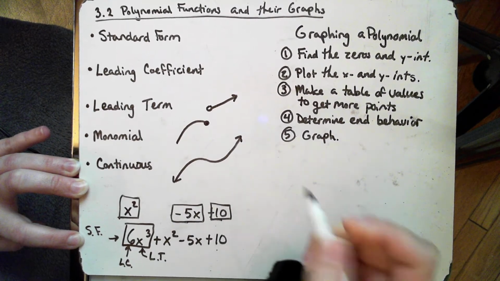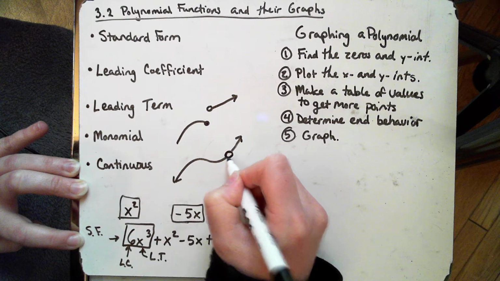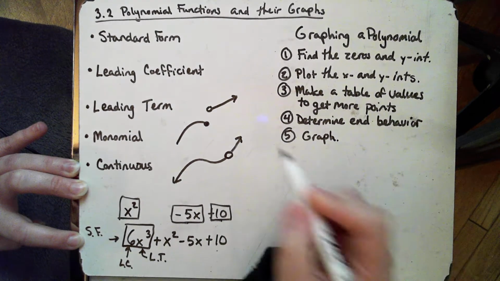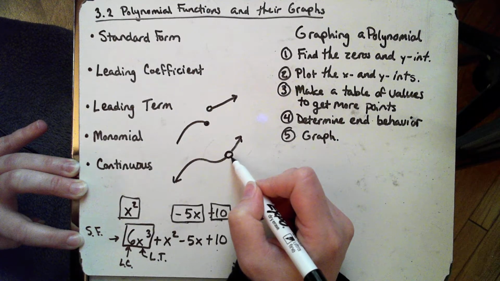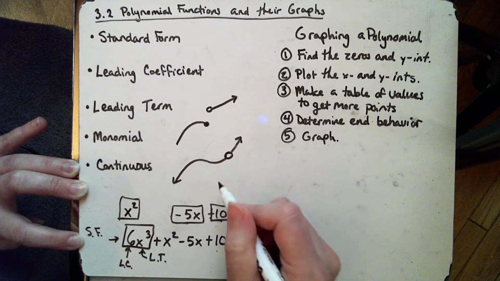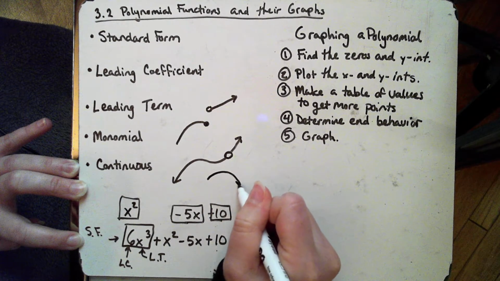Another way you might have a discontinuous graph is if there's a hole in it. And we're going to talk about holes in lesson 3.7, but there might be a hole in your graph and that would make it discontinuous.